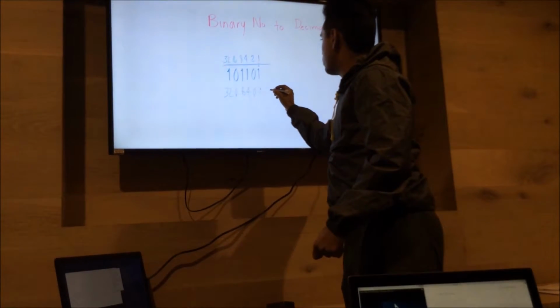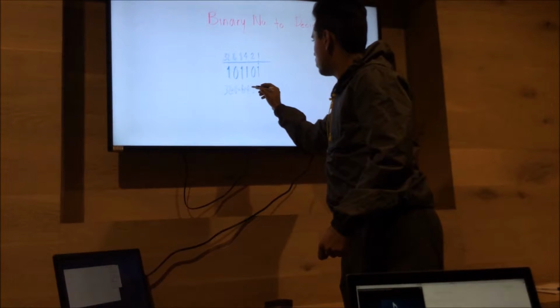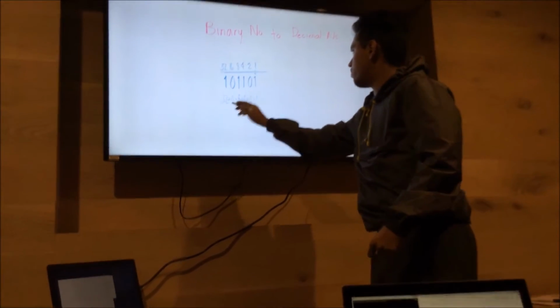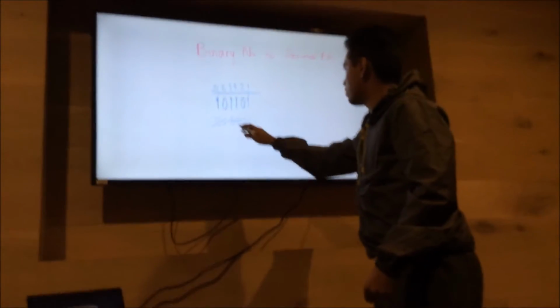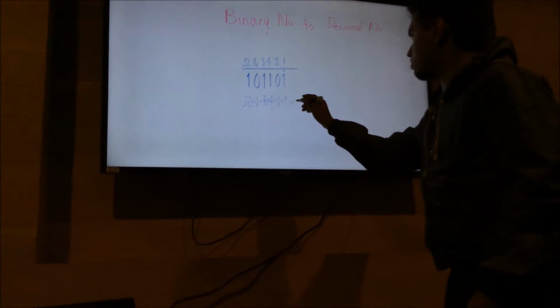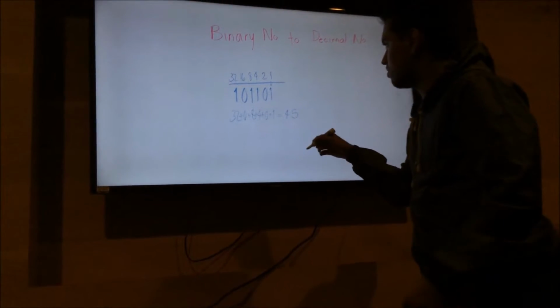Now we just make a simple sum. And this will give us as a result 32 plus 8, 40, plus 4, 44, plus 1, 45. And that's it.